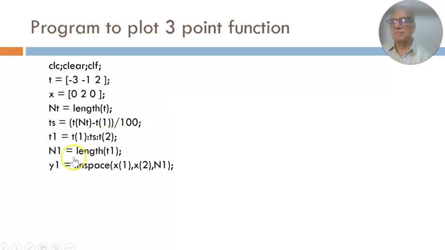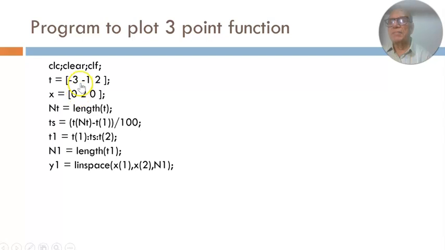So let us now do that. T1. Now T1 is different than T because T holds only 3 values, whereas T1 will hold all intermediate values. And how do we do that? We start from t1, provide the increment ts, that is the sampling time, remember, and end on t2. Why do we end on t2 here?